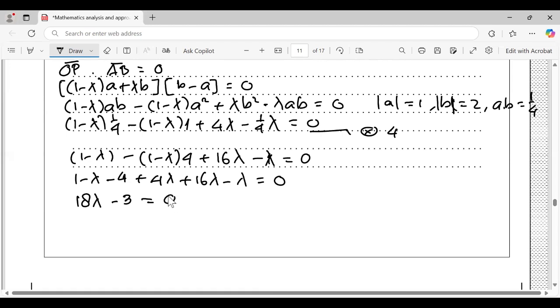So it becomes 16 lambda minus lambda is 15 lambda, minus lambda, plus 4 lambda, which gives 18 lambda, and 1 minus 4 is minus 3. So 18 lambda equals 3, and lambda equals 3 over 18. This is 1/6. So lambda equals 1/6.